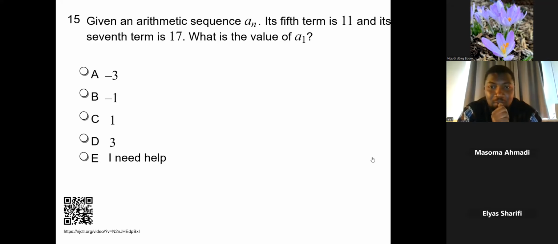Okay, maybe -1. Somebody is saying that. Okay, we will find out. Yeah, option B. Any other try?